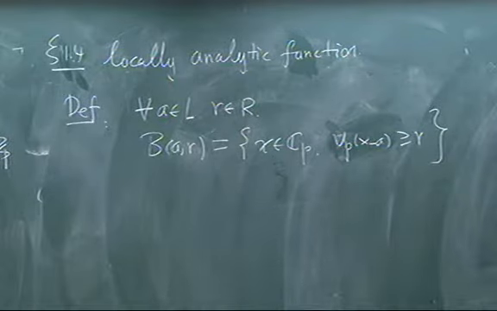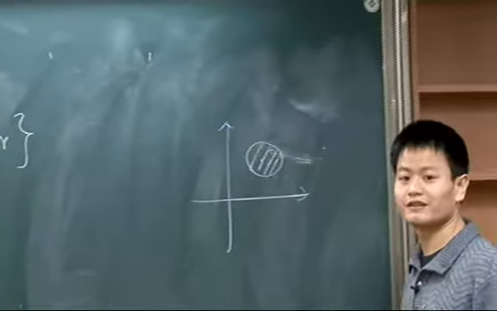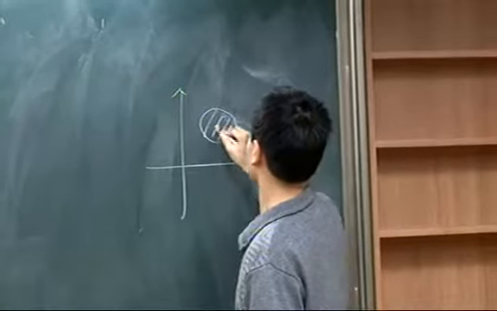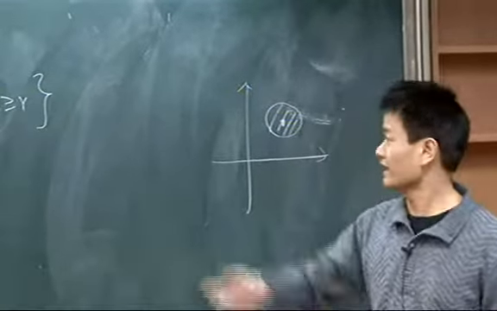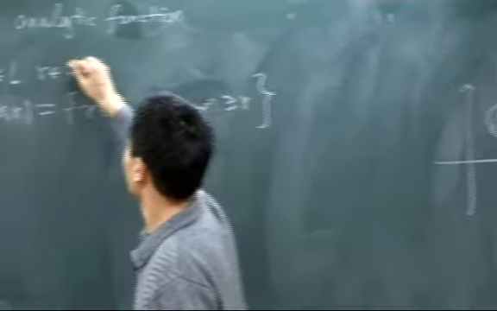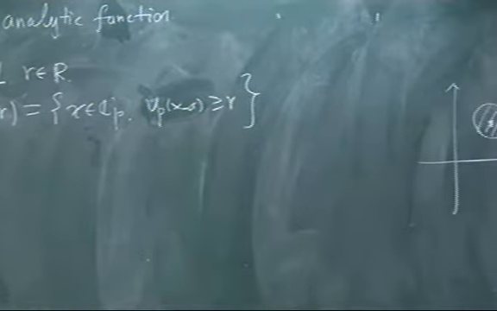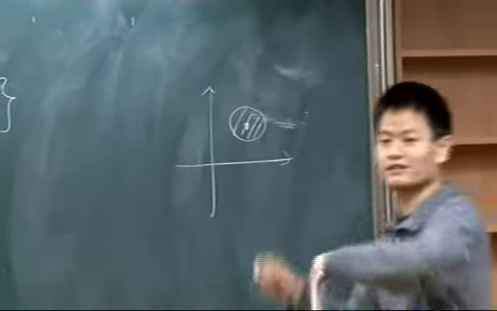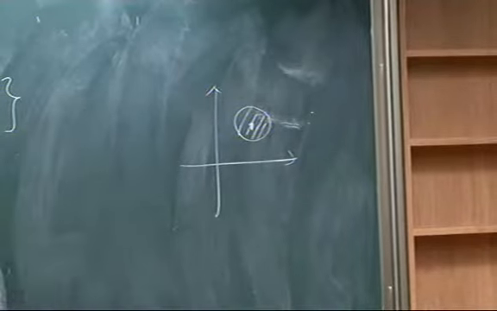So in the picture you have a and then you have something like this. What is r? r is any real number. Okay, any real number, yes. So it's just a ball. B just means a ball.